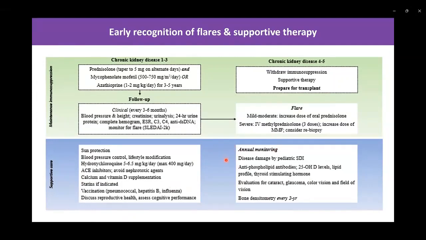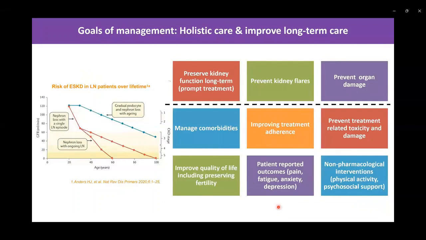Annual monitoring of disease damage is recommended, monitoring of antiphospholipid antibodies, vitamin D levels, lipid profile and thyroid profile annually. Eye evaluation, including evaluation of color vision and field of vision, is recommended annually, and bone densitometry is recommended every 2 years. So the goals of management should be holistic care and improvement of long-term care.